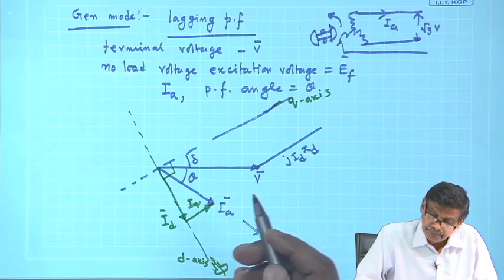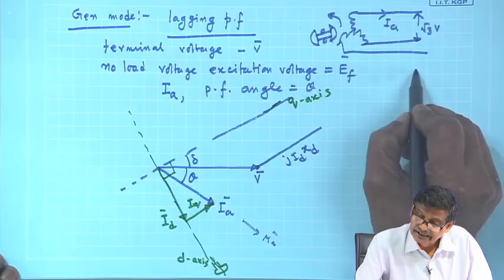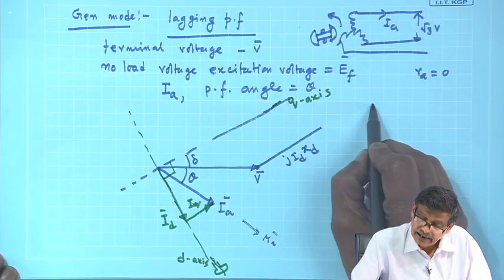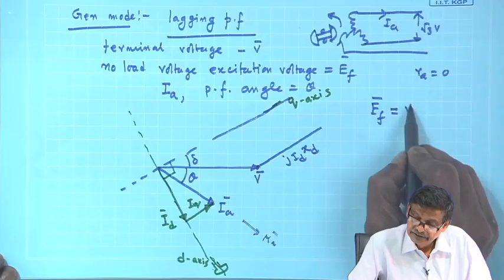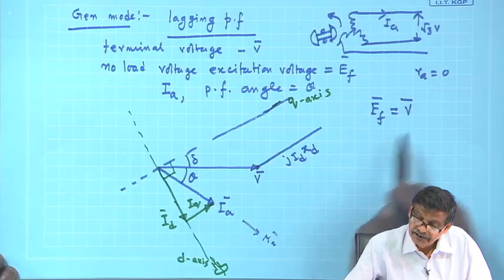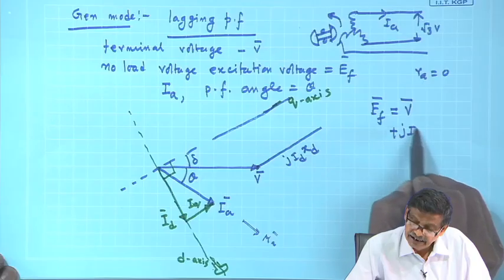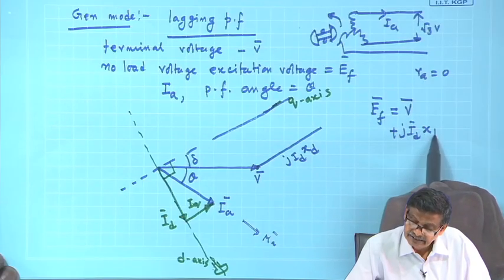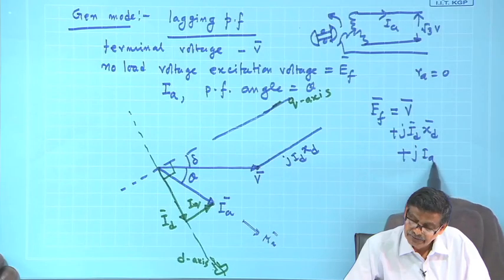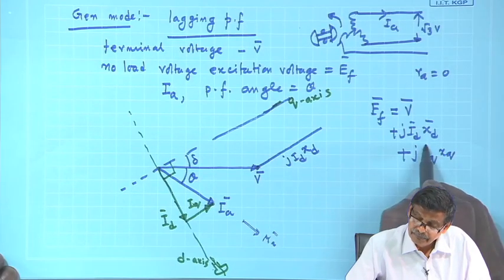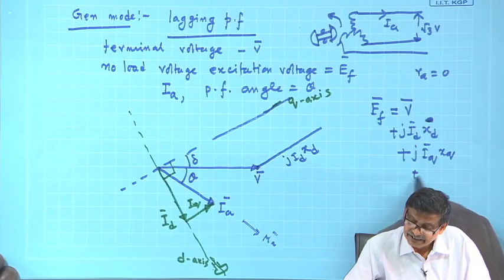Of course, I have neglected RA here; suppose RA is 0. Then I know this much: Ef in generator mode should be V plus j Id Xd plus j Iq Xq plus IA RA.